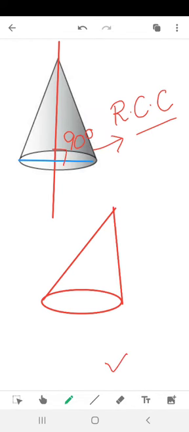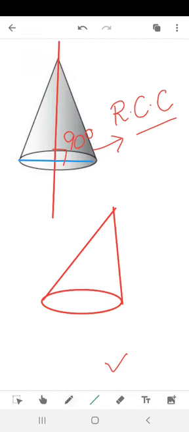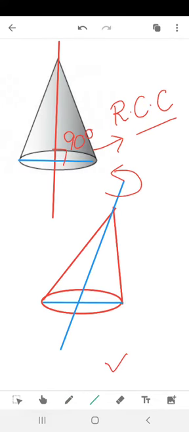And in the second case, I'm drawing the axis first. So this is the center. I'm joining the vertex of the cone with the center of the base, and here I get the axis. This is the axis of this particular cone, and now I'm going to draw the diameter for the base.